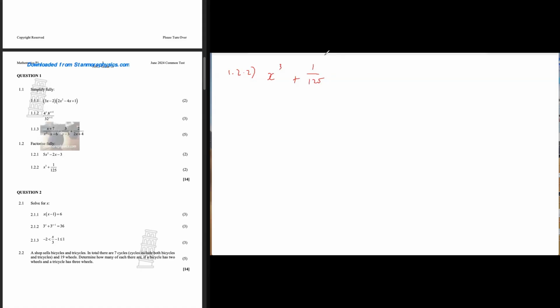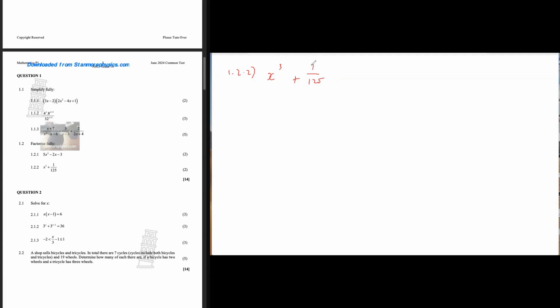So in this example, we can see that we can't find the highest common factor here. There's no highest common factor to find. It's not a trinomial. There's no difference of two squares here, but there's a cube here. So it's our duty now to check if this is a perfect cube as well. And we can see that it definitely is a perfect cube.